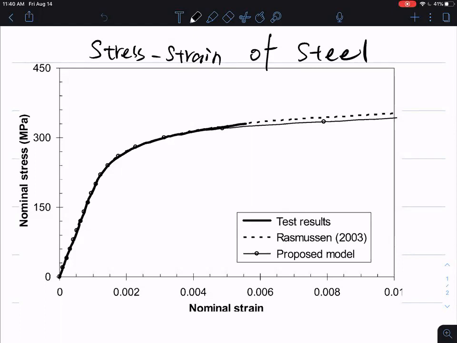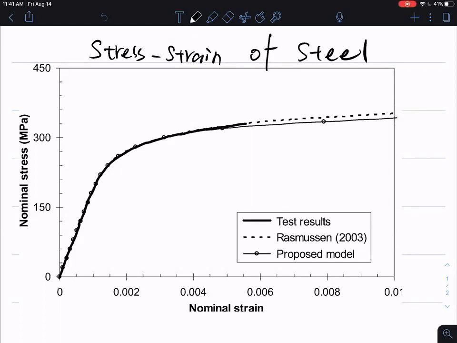What's the first step? First step, come to this x-axis, find out where's the 0.2% strain. 0.2% is 0.002. So which is this point, right? Right there. And what should we do next? Yes, now we draw a line that's parallel to this.